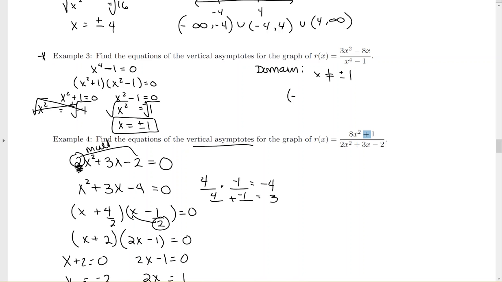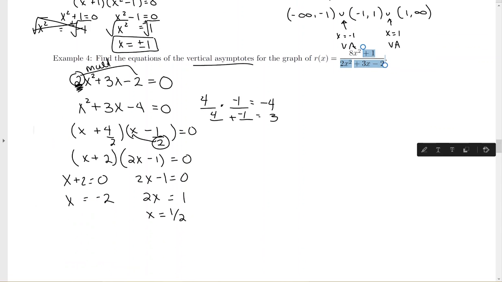So your domain would be negative infinity to negative 1, negative 1 to 1, and then 1 to infinity. And then what happens here at negative 1 is your vertical asymptote. And what happens here at this break in your graph, x equals 1, again, vertical asymptote.